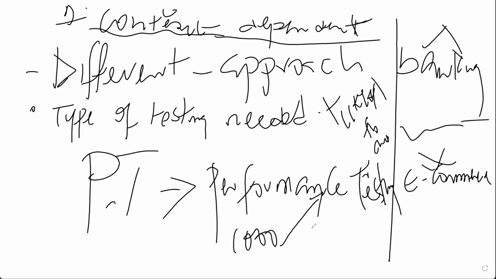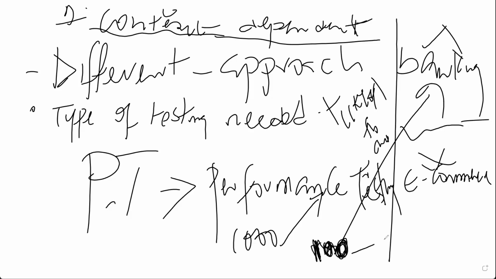But the client, the business people, will tell you, no, no, no, we don't need PT, we don't need to do performance testing on this application, because in our banking application you just need only 100 people.